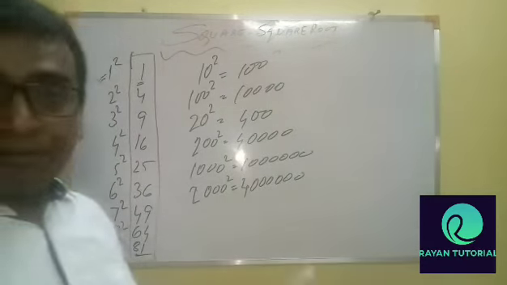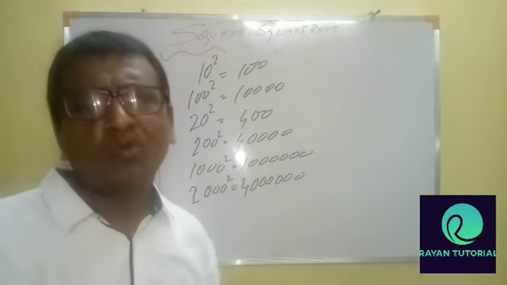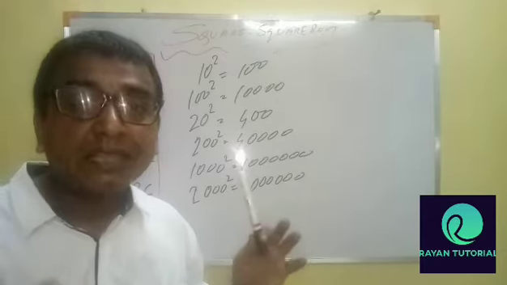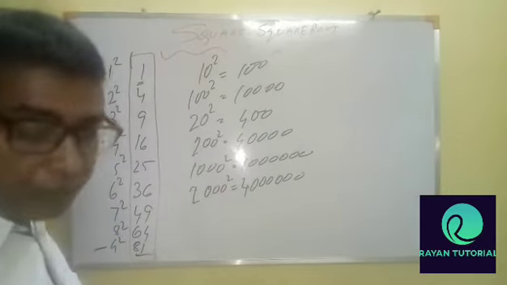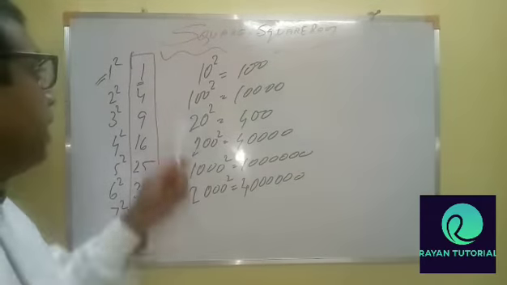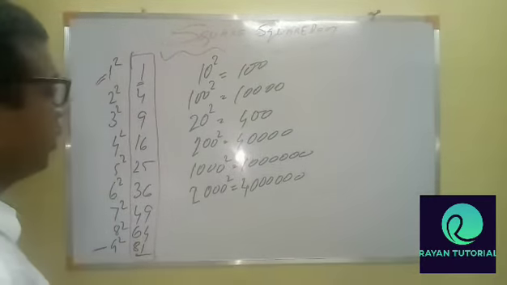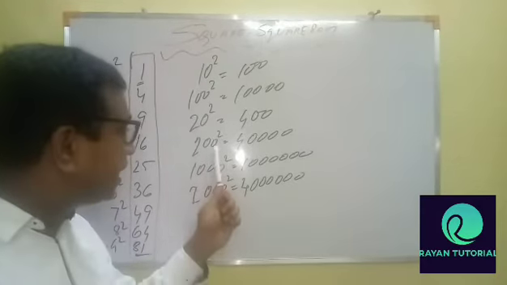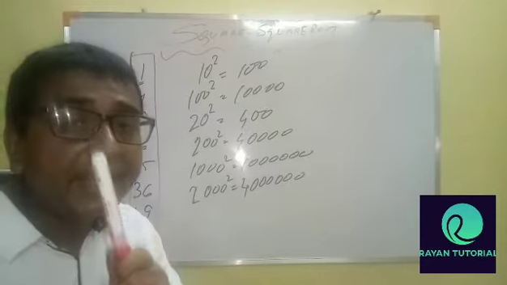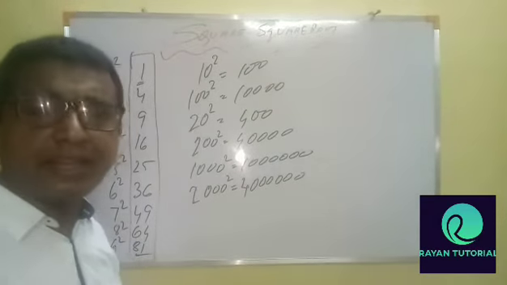Okay. Very first time writing, right? How? I memorized all. No. Pattern. What is the pattern? Let's see. See, here 10 square 100 we know. So what's happening? Whenever you will be finding the numbers ending up with 0, it is very easy to find out the squares of those numbers. Very easy.